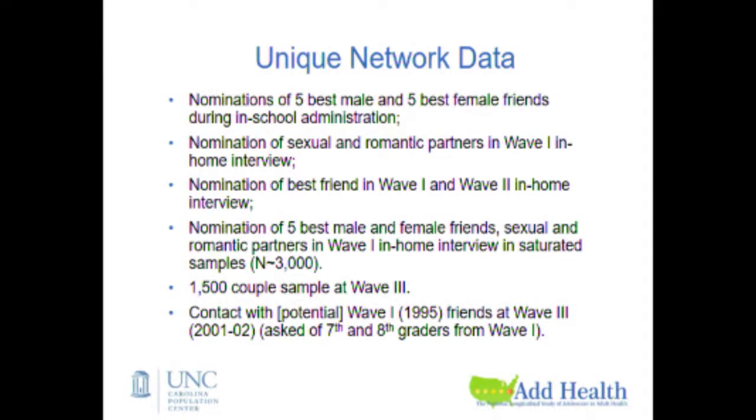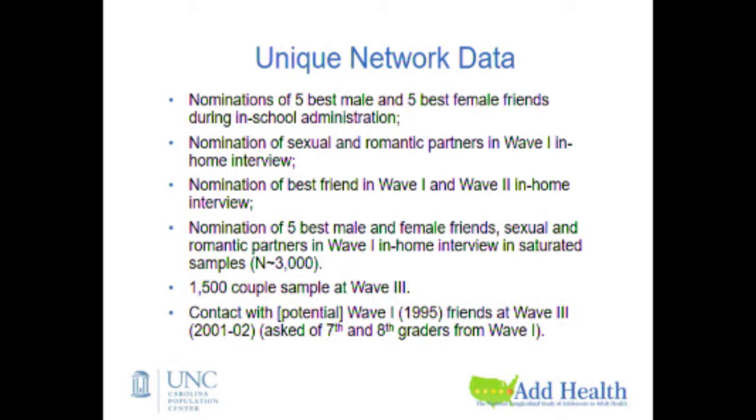But the unique network data that we have here: we have nominations of the 5 best male and 5 best female friends during the in-school administration. In the in-home interview, we also asked the adolescents to nominate their sexual partners and their romantic partners. And in some cases, their partners are also part of this in-home sample, and we're able to link them up.